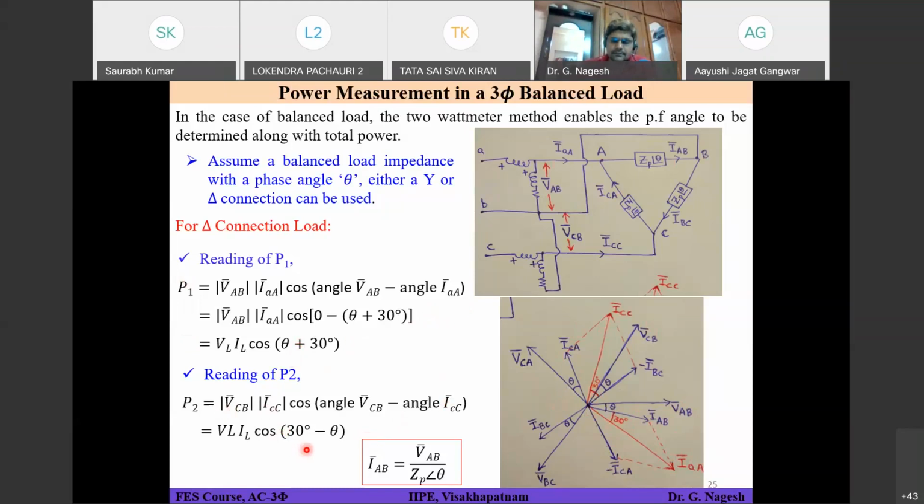So this is the two wattmeter method, how to connect the two wattmeters in your 3-phase circuit. Whether the load is balanced or unbalanced, you will get the total power of the 3-phase load, which is simply P1 plus P2. If it is a balanced load, you can also find the power factor of the load, right?